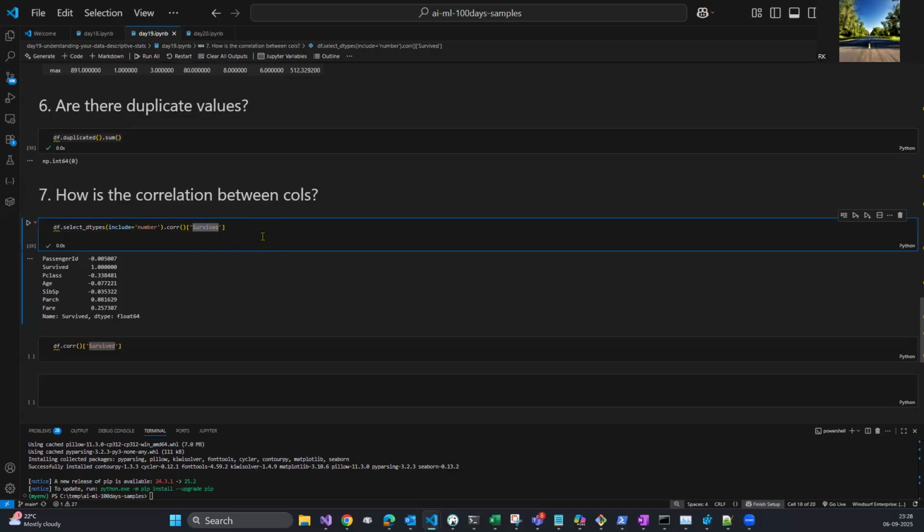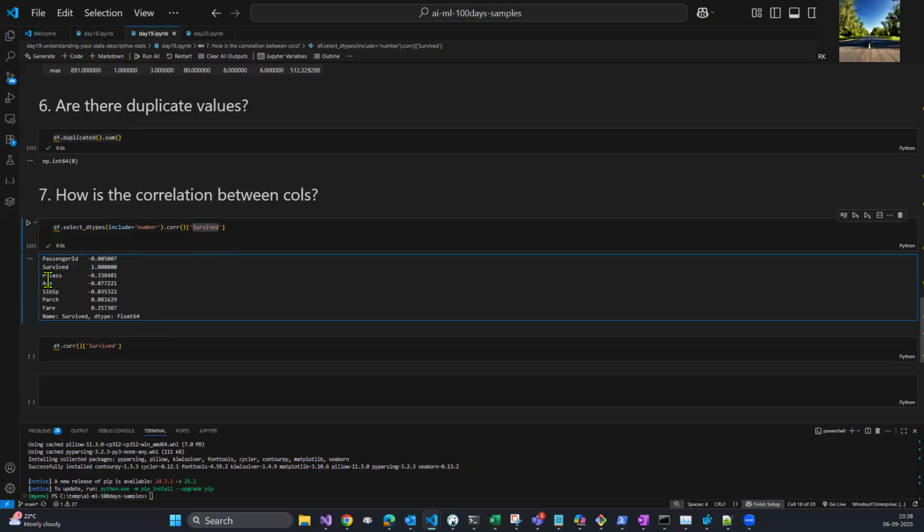And positive means that column has a positive correlation against Survived, meaning if that column's value increases, the survival chances will also increase. In this one, we are seeing that PassengerId has very little correlation. Obviously, passenger IDs don't have any impact on survived or not. Survived against Survived is 100%.